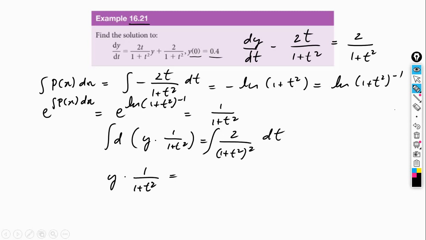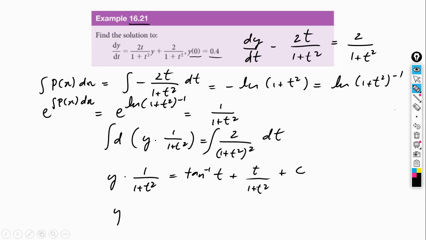And on the right-hand side, you would have to use the method of partial fractions, but I leave that to you as an exercise. And you would get inverse tangent of t plus t over 1 plus t squared plus a constant c.